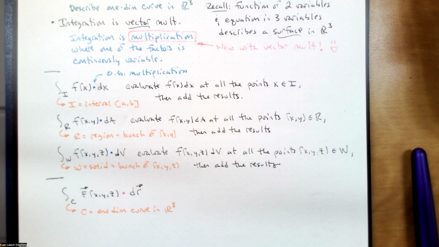That's just a bunch of points x, y, z in R3. But rather than being a solid, all coming from a solid, it's just a one-dimensional curve in R3, or a path in R3.